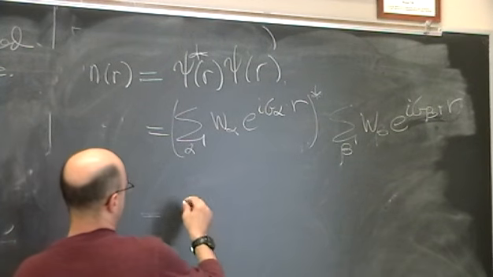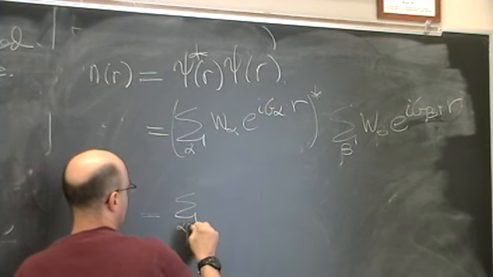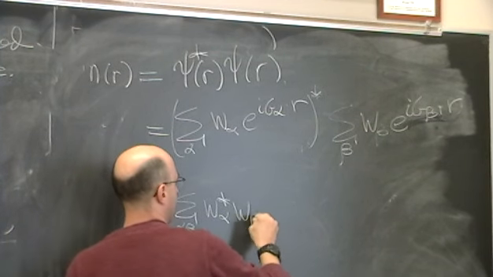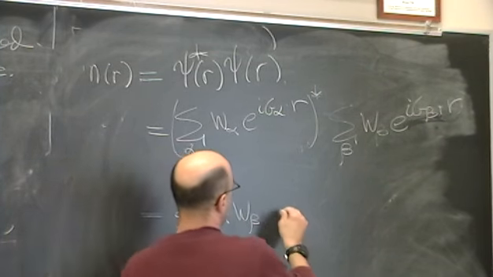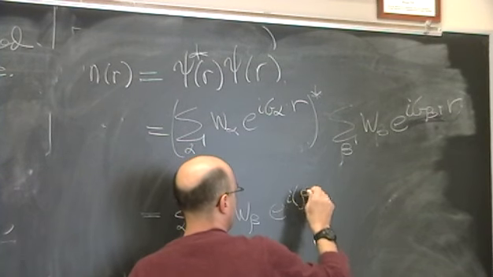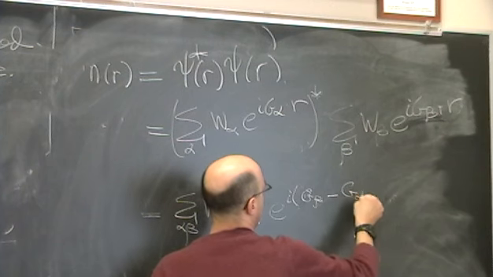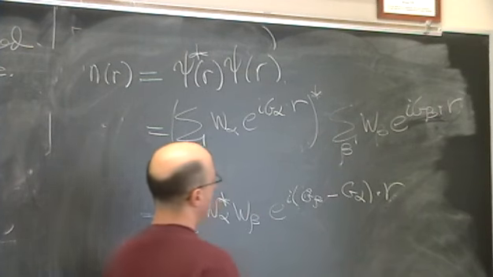Then I'll have a double sum over alphas and betas, w alpha star w beta, times a bunch of waves, e to the i (g beta minus g alpha) dot r.